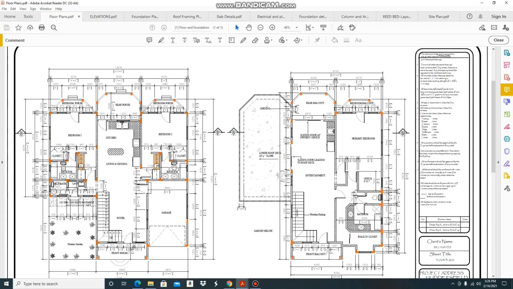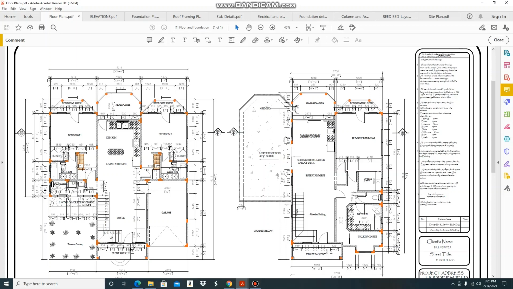Your foundation plan is going to be derived from your floor plan. Your roof plan is going to be derived from your floor plan. Your sections, your elevation, your electrical and plumbing, all of these features are going to be derived from your floor plan. So your floor plan, in my opinion, is the most important aspect of a set of building plans.